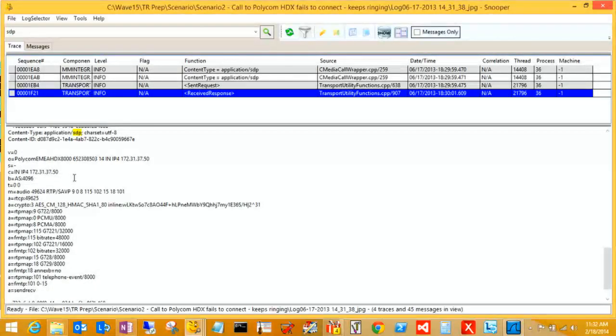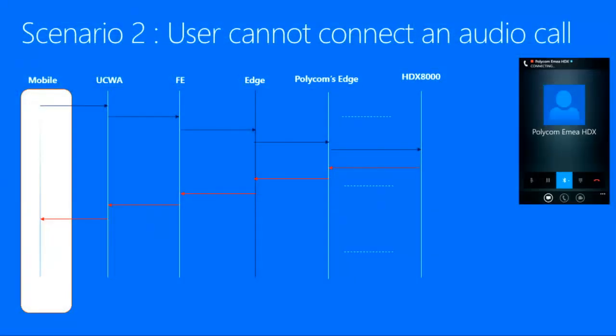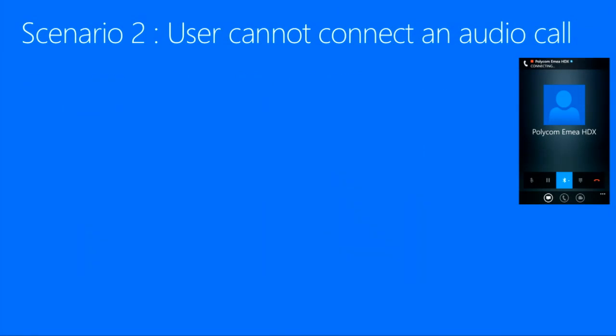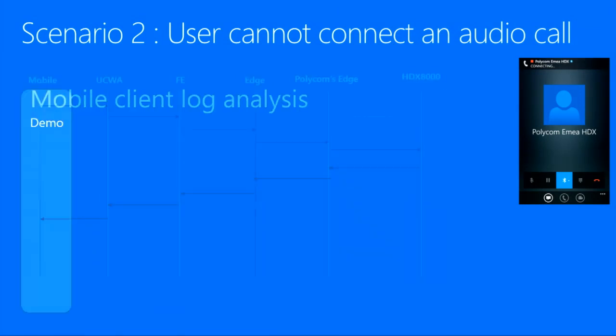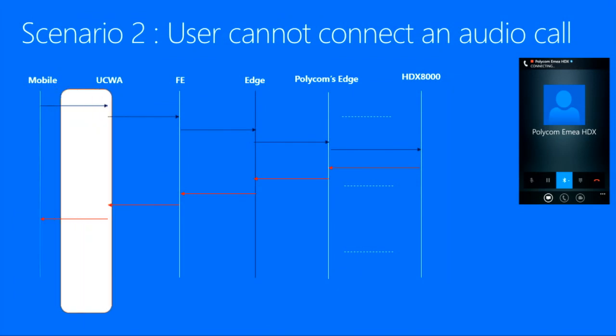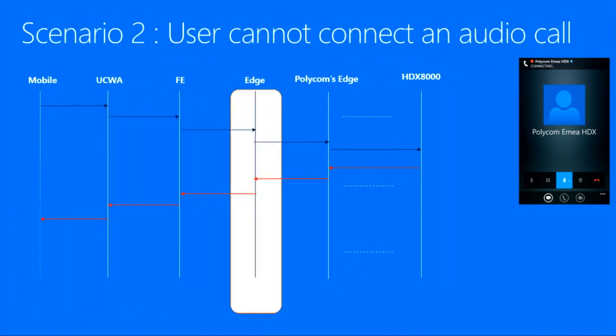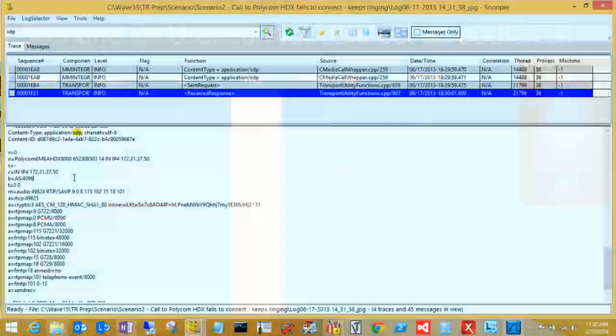If I switch back to the ladder diagram here, my focus would change from the mobile client to the edge, because the edge will have not just the information from talking with the front end, but it will also have information from talking with Polycom's edge. So that single file can give me more information. So I'll switch back and look at the edge. I'll switch to the edge server logs here.